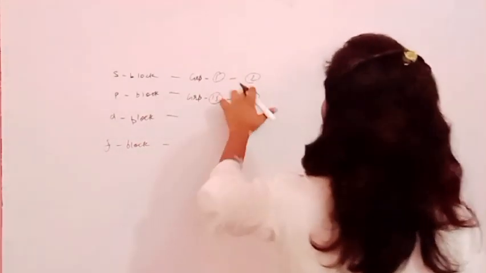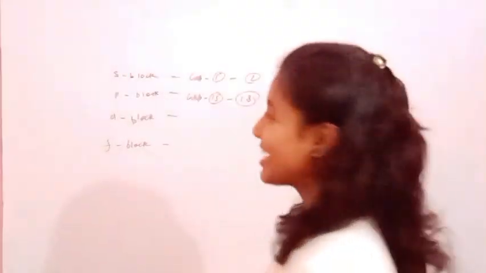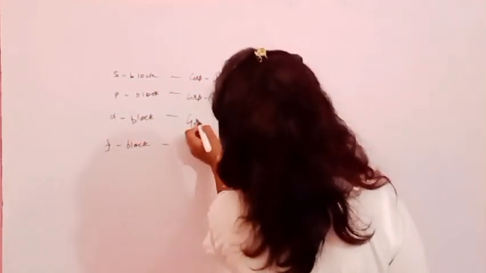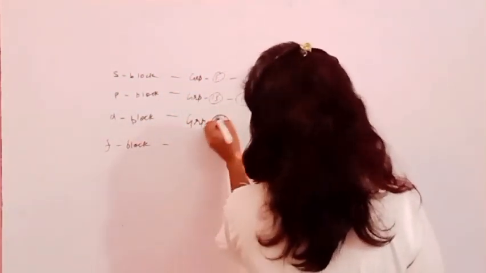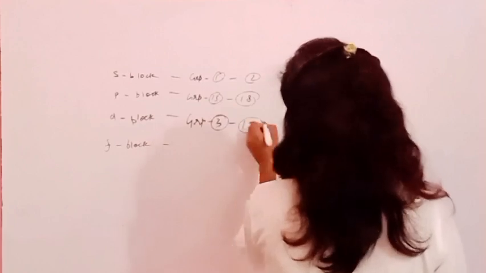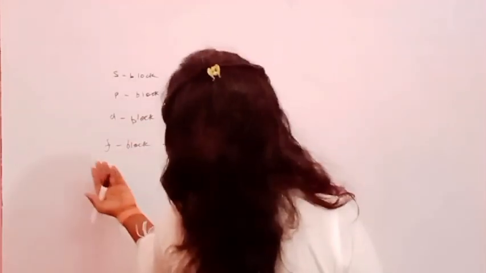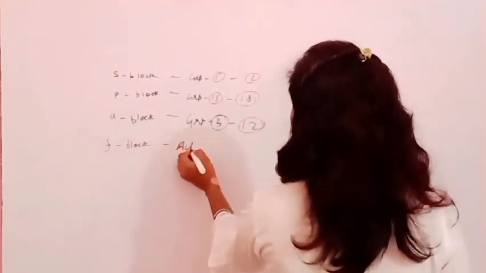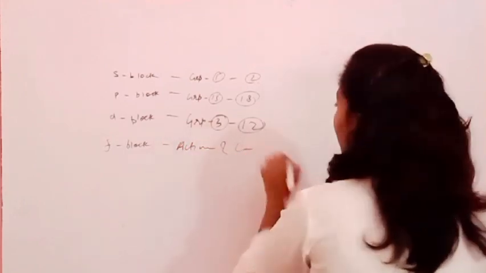The D block elements are from group number 3 to group number 12. And all your actinoids and lanthanoids occur in the F block elements.